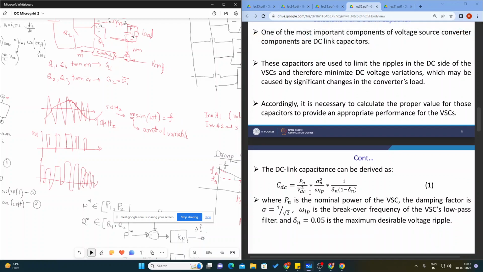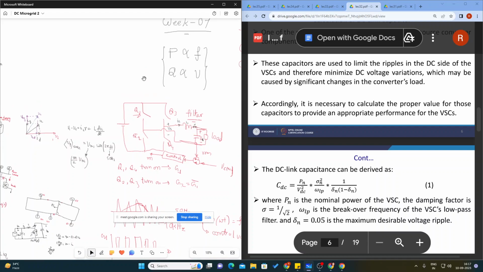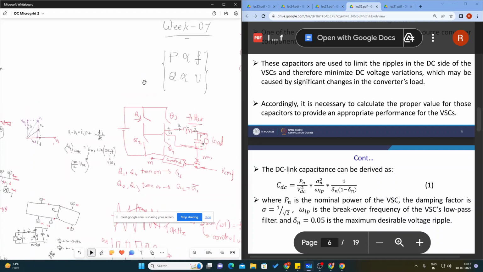Sir, why are we putting a capacitor instead of connecting the source side directly to the load? Why are we putting the capacitor instead of connecting directly from the conversion end or load end?